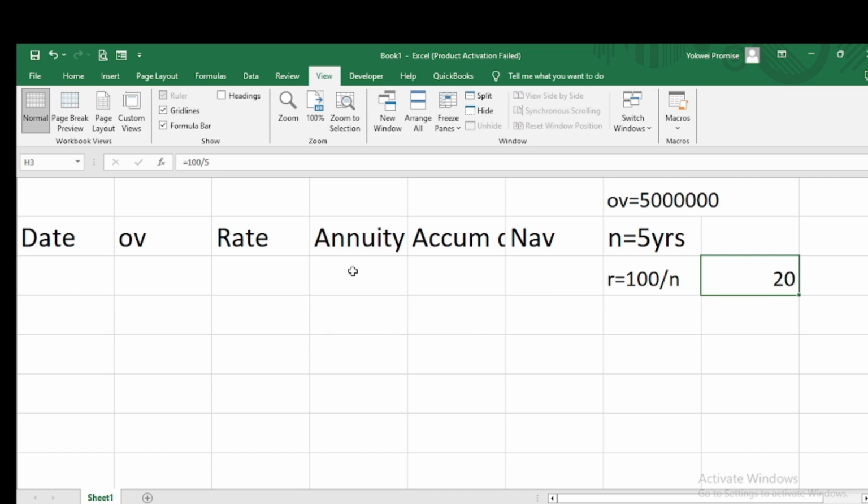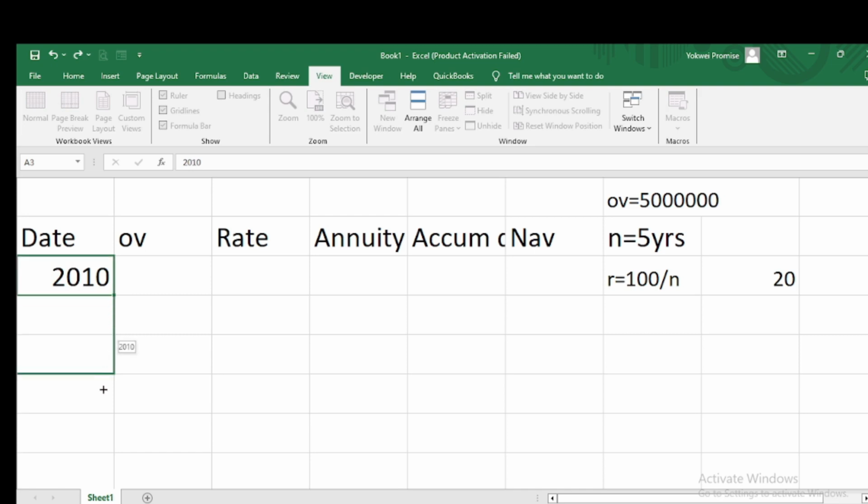So what next is remaining? From there we are going to flow. The asset was purchased on the 1st of January 2010, so from 2010 to 2011 will make it a year.